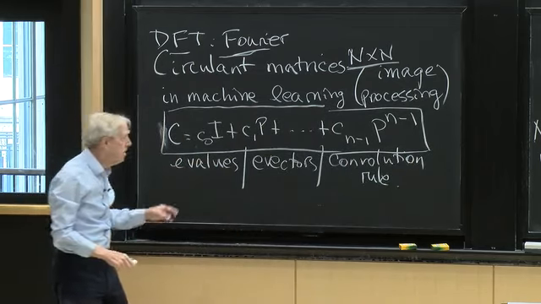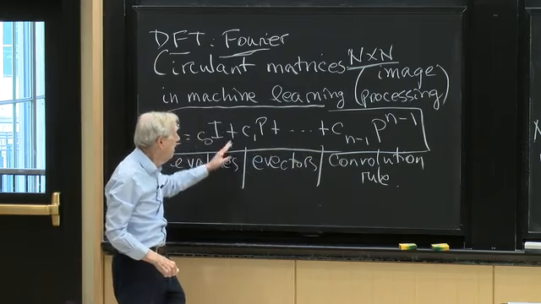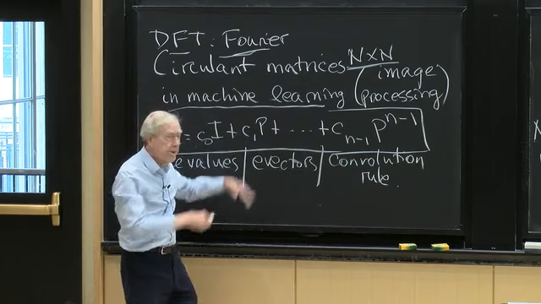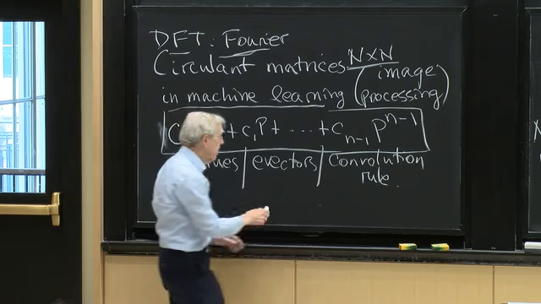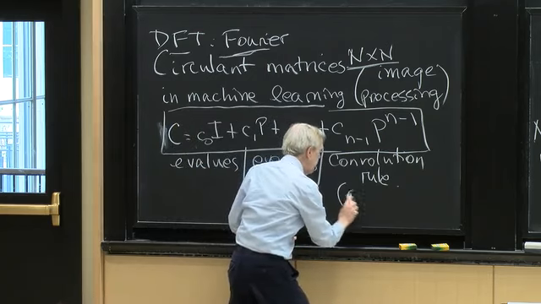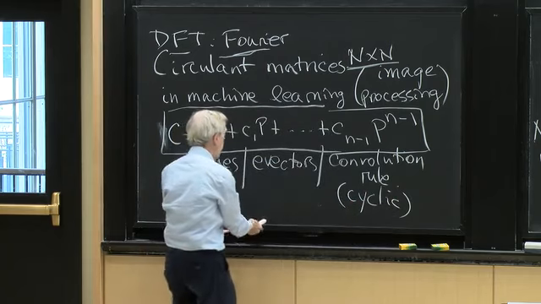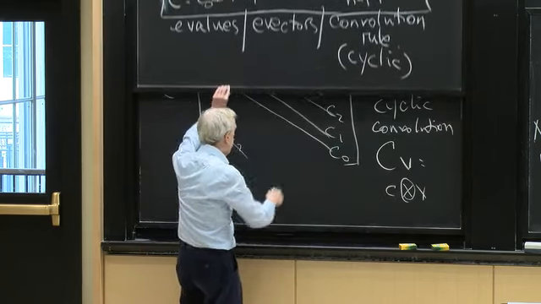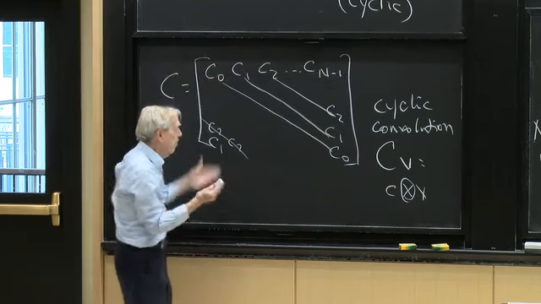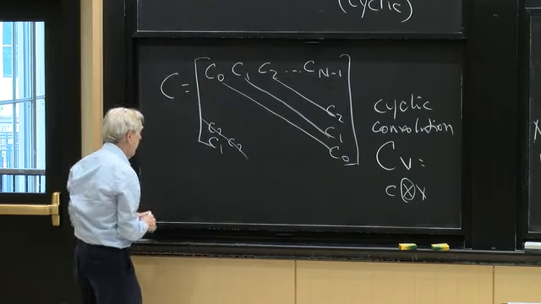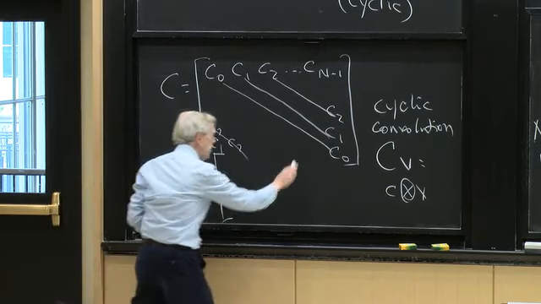especially nice case where the matrix loops around, where I have this cyclic convolution. So this would be cyclic because of the looping around. And so what was the point of last time? I started with this permutation matrix.